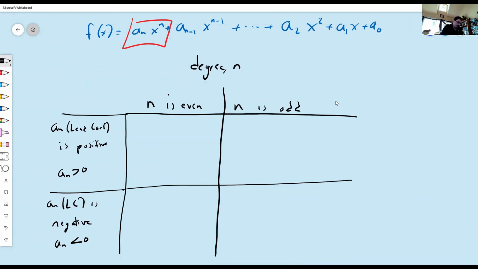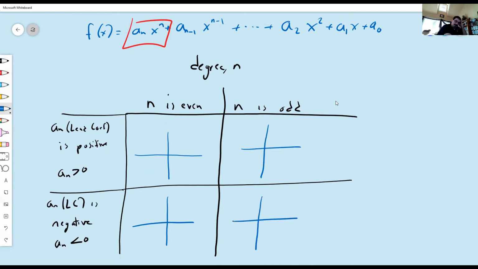In general, let's look at a graph real quick. End behavior talks about what happens as x goes to plus or minus infinity, so far right and far left.